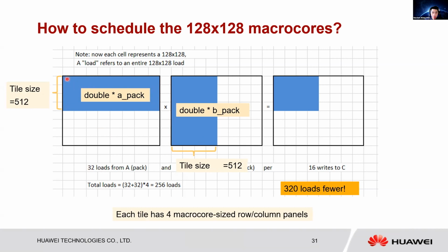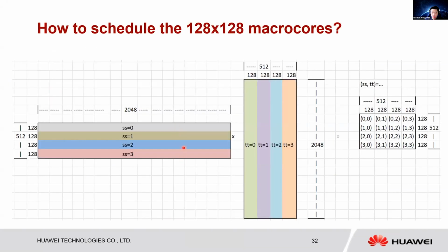Each tile has 4 of these macrocore sized row and column panels. And when you're doing the inner product of the two tiles, you simply divide up the 4 macrocore sized lanes from each of the tiles, and you just do 4 times 4, which equals 16 corresponding necessary inner products.